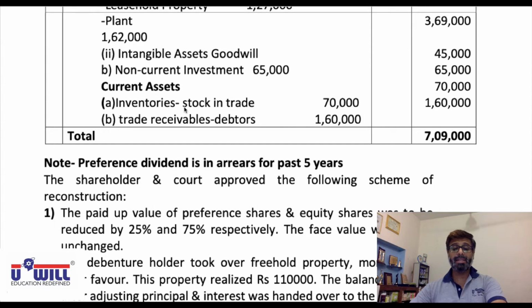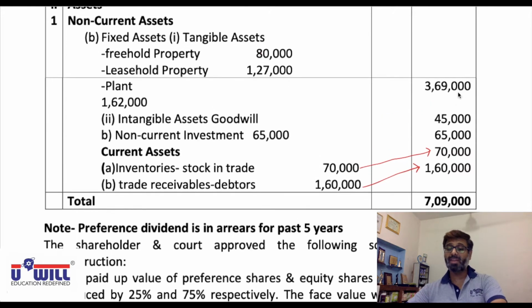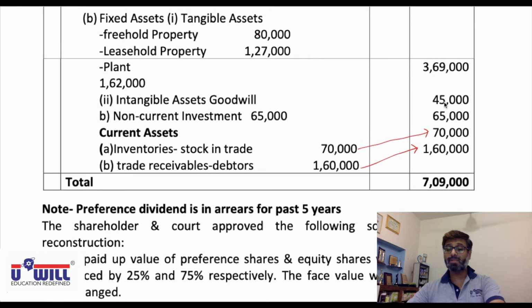In current assets, inventories or stock in trade is 70,000 and trade receivables or debtors is 1,60,000. Here also you can cross verify. 3,69,000 plus 45,000 plus 65,000 plus 70,000 plus 1,60,000 does come to 7,09,000. Note: preference dividend is in arrears for past 5 years. This is a contingent liability. Whenever any footnote comes below the balance sheet, it is supposed to be a contingent liability.